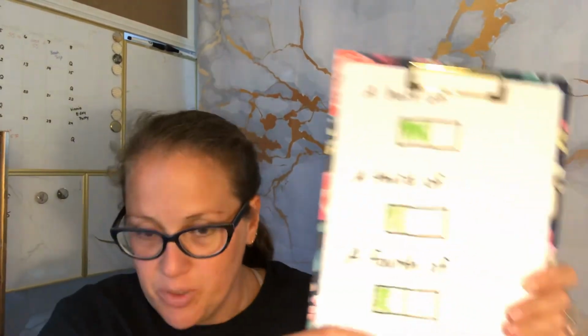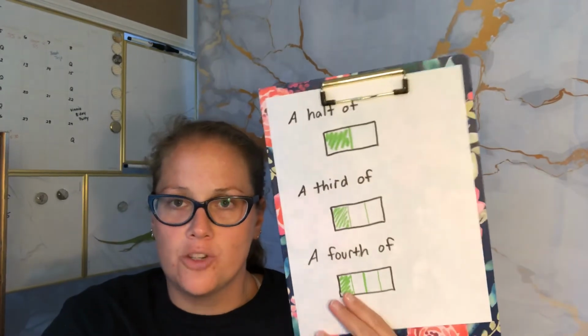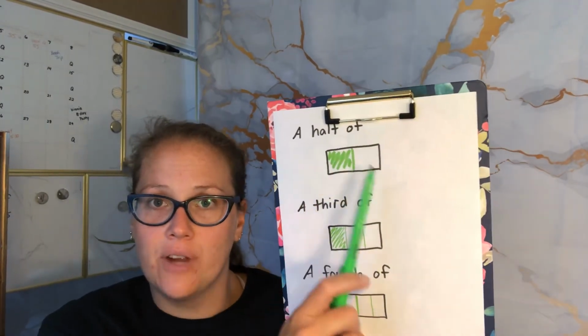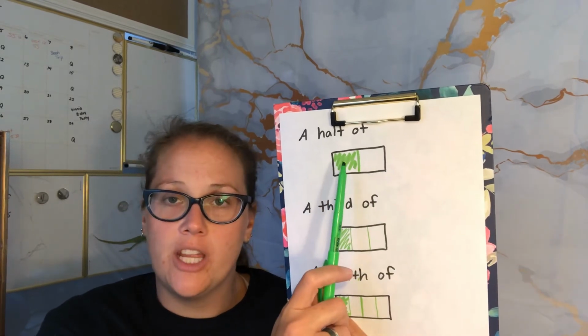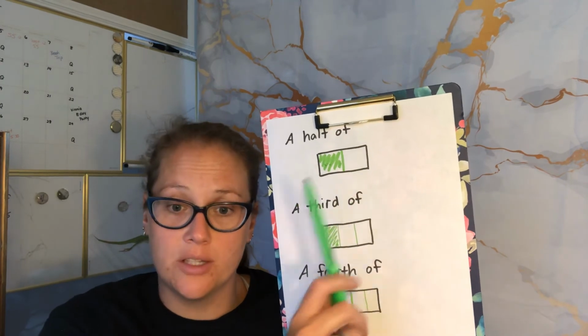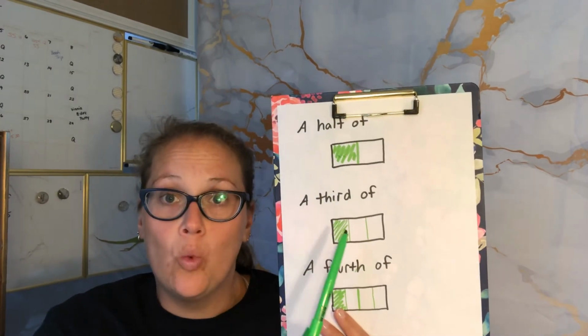Good. Okay. So we were just talking a little bit about our fractions. I'm sorry, guys. I'm not sure if you saw these. So we were talking about a half of a rectangle here. So I shaded 1/2 green. So halves mean 2 parts make a whole. I shaded 1/3.